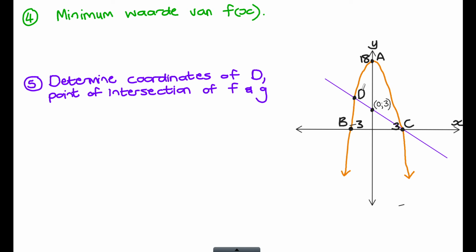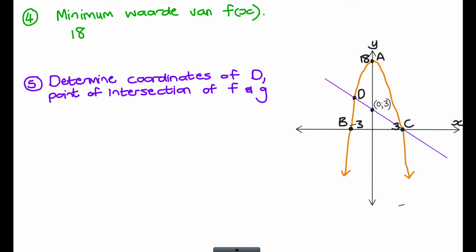Okay. f(x) was the parabola. Actually, we haven't got a minimum value, we've got a maximum, and we said that would be at the turning point, so that would be at 18. Just 18. Okay. Determine the coordinates of D, the point of intersection of f and g.